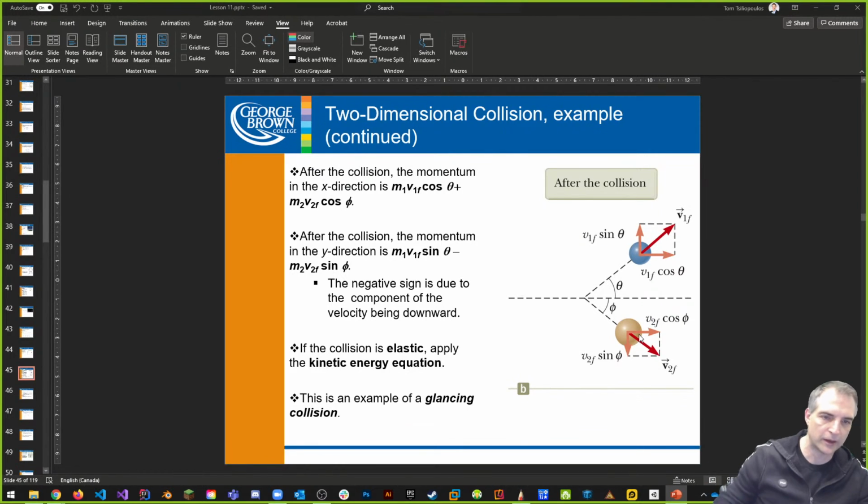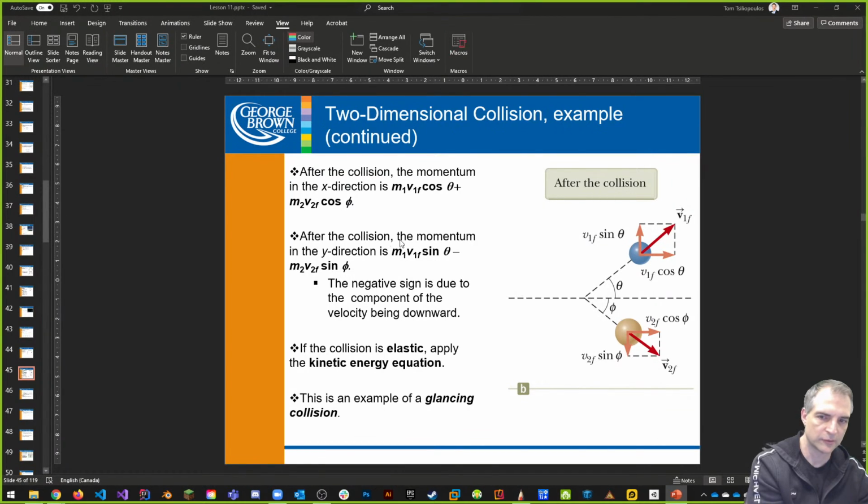So when we apply cos theta and cos phi, depending on the angle of attack, we're going to have an angle where one object goes in one direction and the other object goes in the other direction. It really depends on the angle from the horizontal, so how much offset it is, and the masses of the objects.